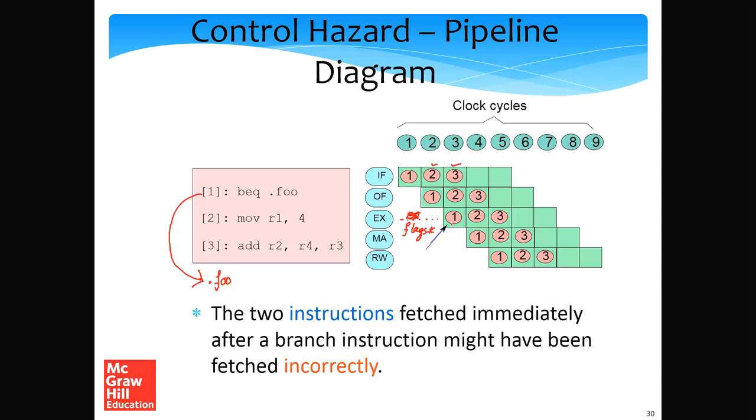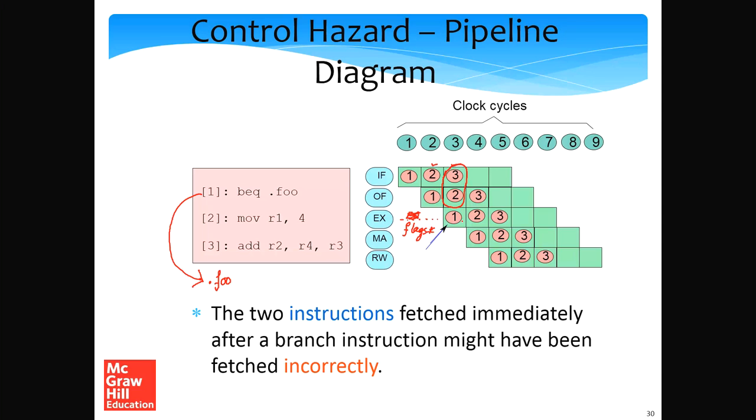Then in the third cycle, when we are making a decision about whether the branch is taken or not, the processor was busy fetching instruction number 3 into the IF stage. Maybe towards the middle or the end of the third cycle, we get to know that this is actually a taken branch. But by that time, we have fetched two instructions, instructions 2 and 3. We have fetched them from memory and they are in our pipeline.